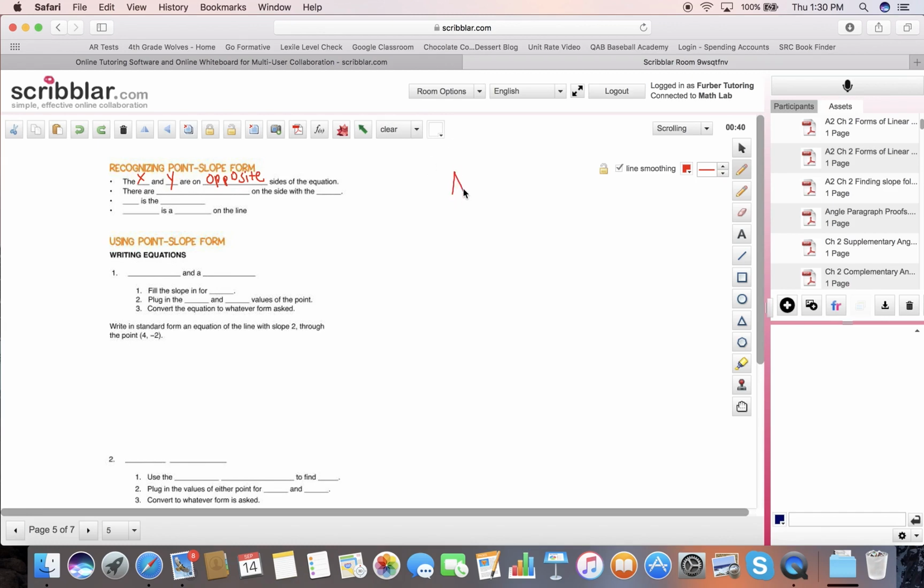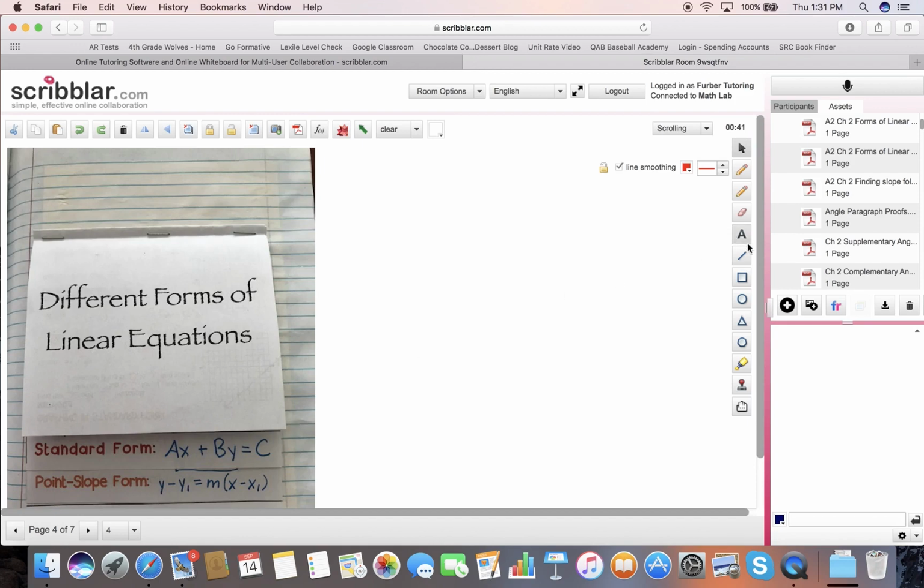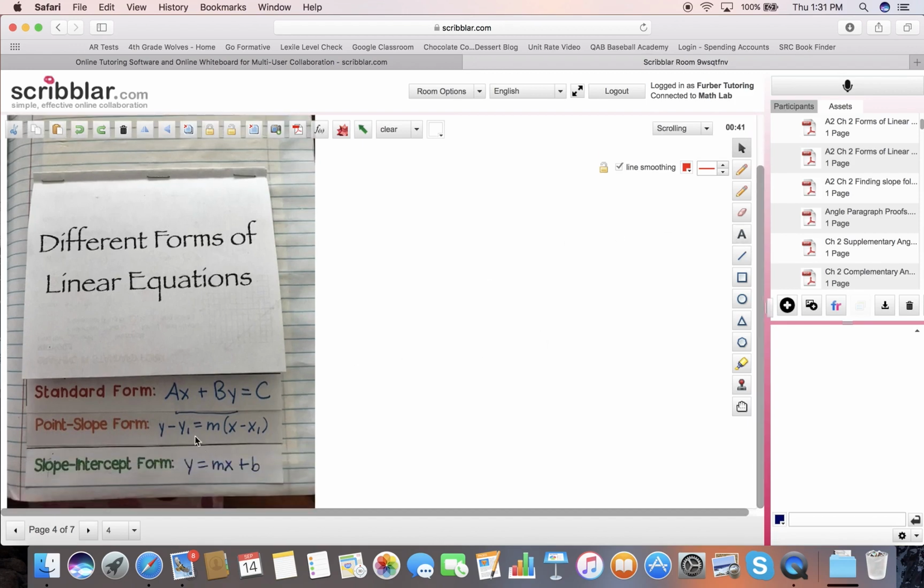Now, in standard form, they're on the same side. But point slope form and slope intercept form both have the x and y on opposite sides. In point slope form, the y's are over here, the x's are over here. In slope intercept form, y is on the left and x is on the right.